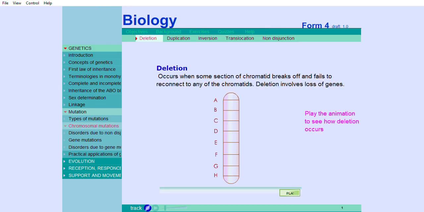Deletion occurs when some section of a chromatid breaks off and fails to reconnect to any of the chromatids. Deletion involves loss of genes. Play the animation to see how deletion occurs.